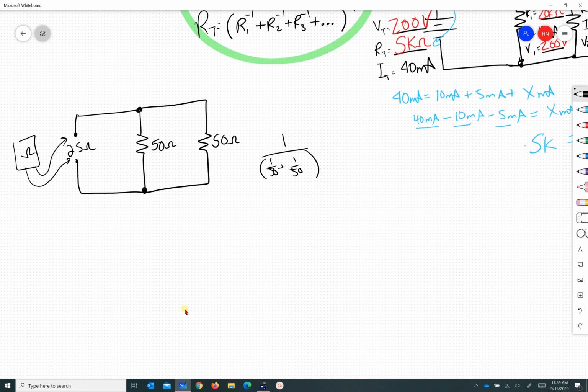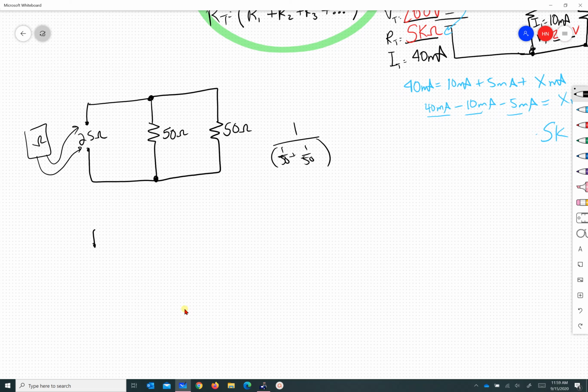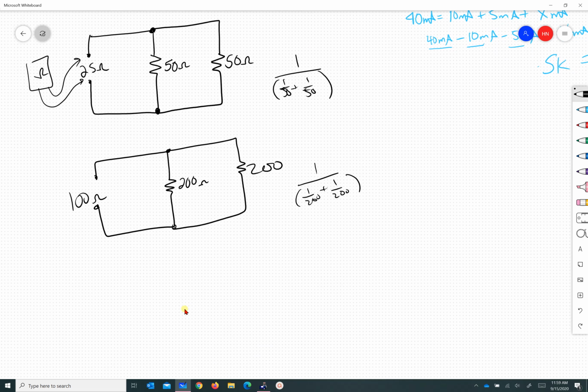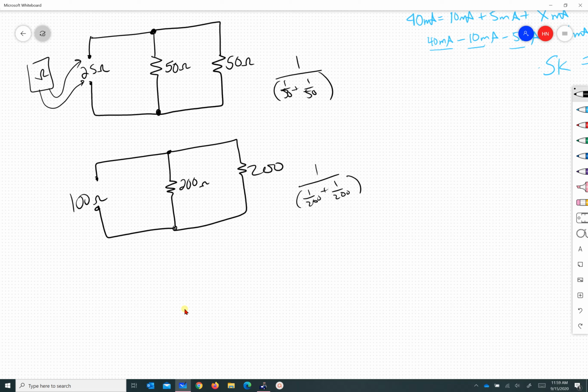If I do the same thing with another device, let's say 200 ohms in parallel with another 200 ohms, you plug in 1 over 200 plus 1 over 200. It happens to be half, which would be 100. And it continues. Whenever you have two resistances that are identical in parallel, it's just going to be half.